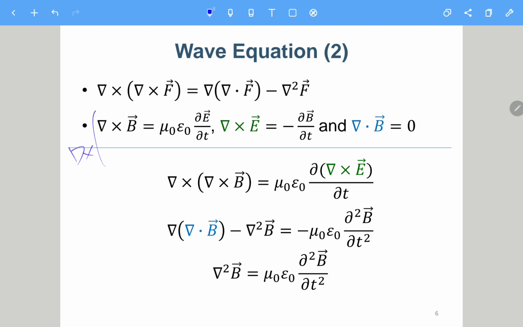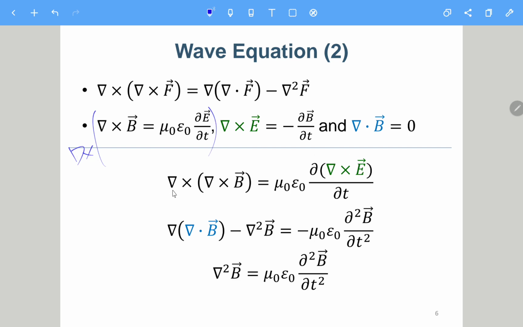So we take the curl of this equation. On the left side we have curl of curl of B. On the right side, similarly, we just put this one inside the partial derivative of time. So we have mu naught epsilon naught, and then partial t, and then we also have curl of E put in here.